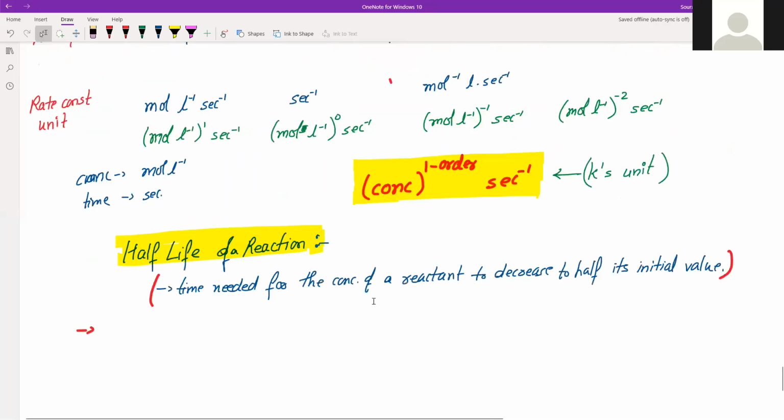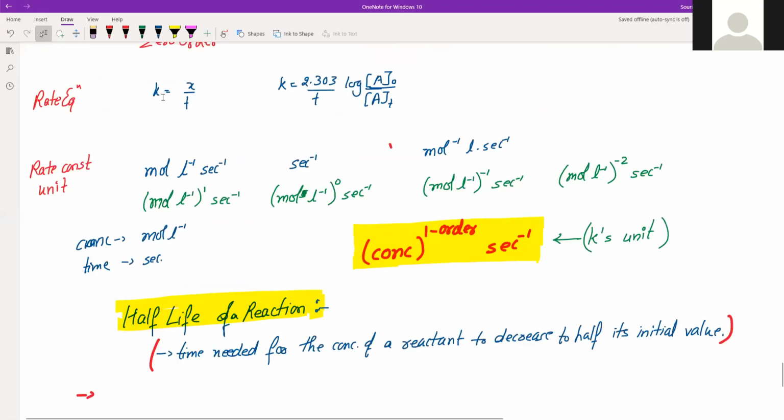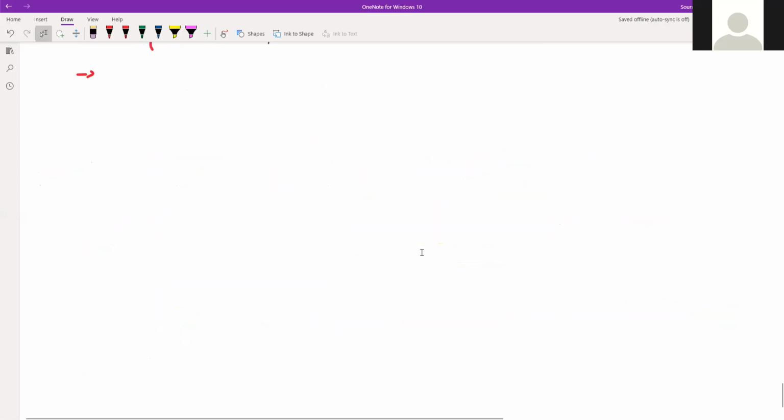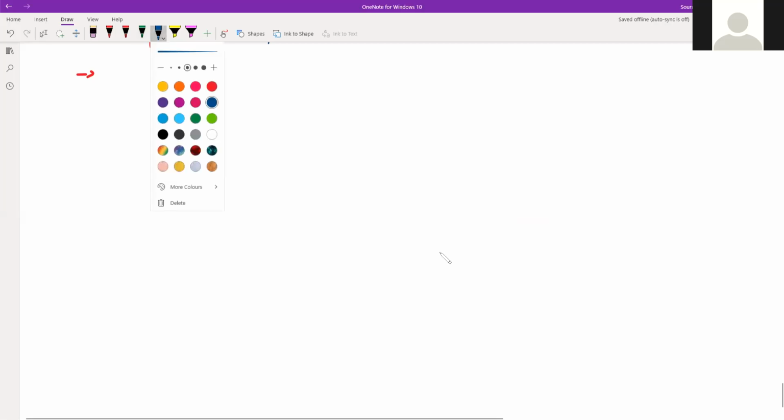We have different K values, whose expressions we have seen in zero order and first order reactions, and we just have to substitute the final concentration equal to half of the initial concentration, and our job is done. That way we get the relation between K and T, and we get that T is actually the half-life of the reaction.